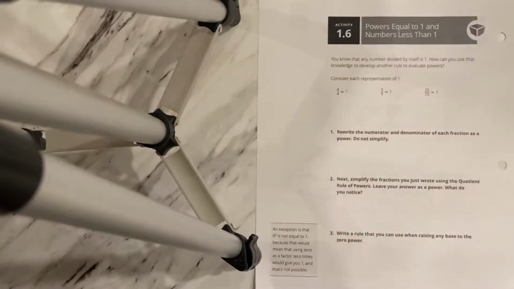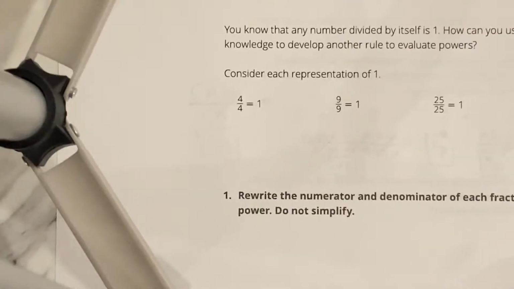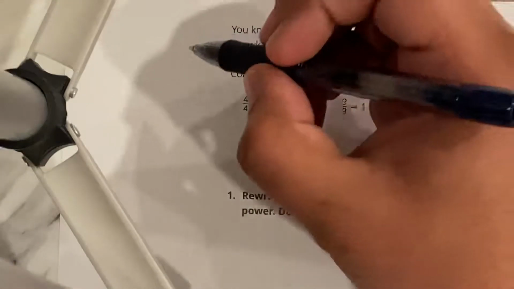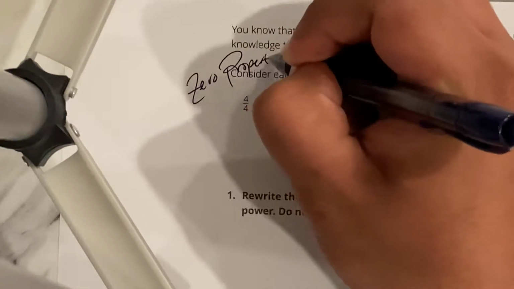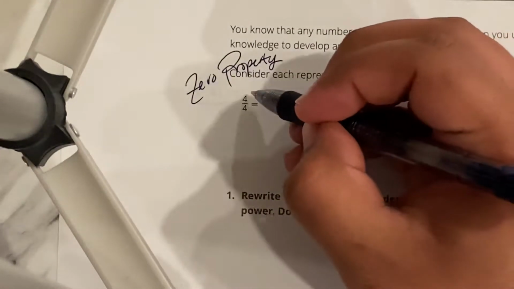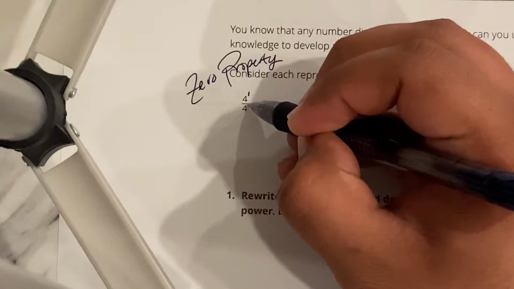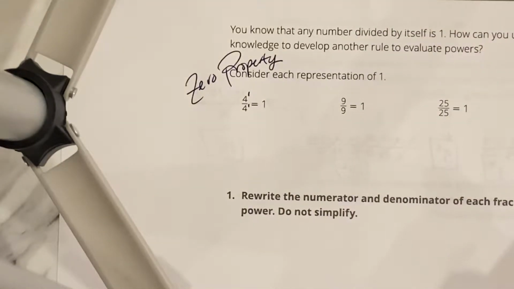Right here, of course, we know 4 divided by 4 is just 1. But if we look at it from an exponential standpoint, this is going to be our zero property. That means 4 to the power 1 and 4 to the power 1.